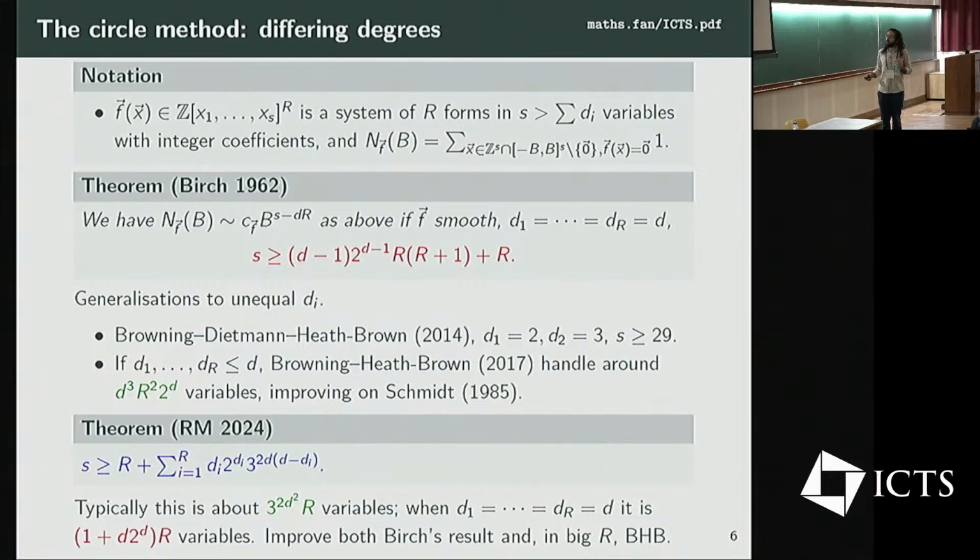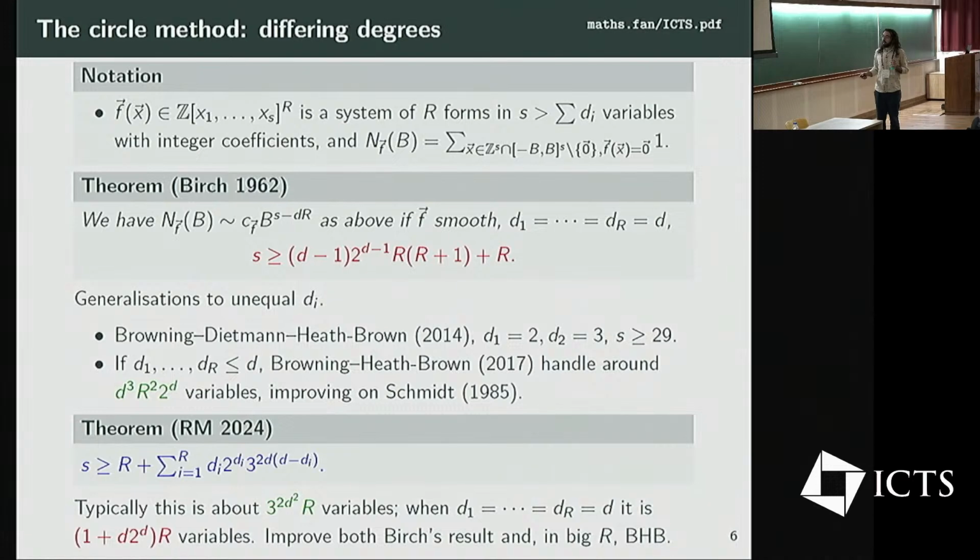One can be a bit more precise and make it a polynomial in d times an exponential, but I think I decided it was just big O of 3 to the 2d squared anyway. So the exponential dependence is quite a lot worse. 3 to the 2d squared is quite a lot bigger than 2 to the d as d grows.